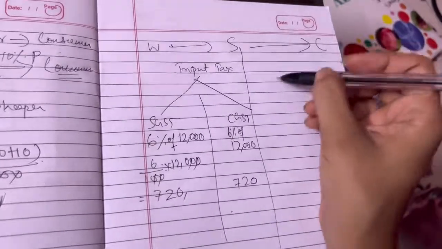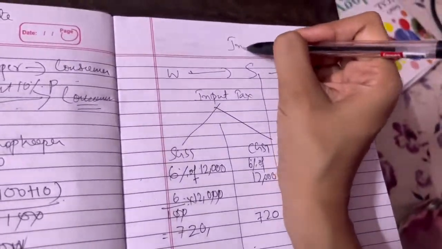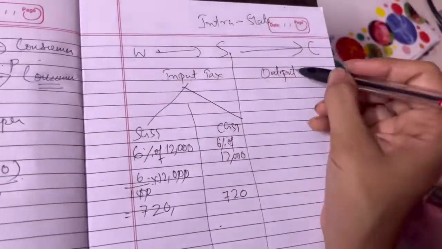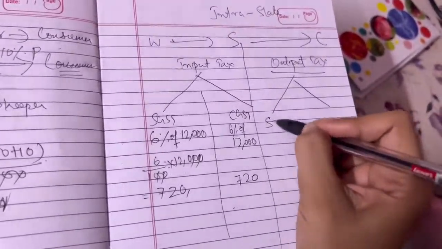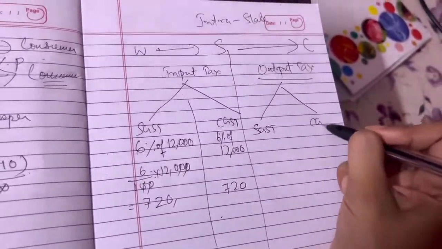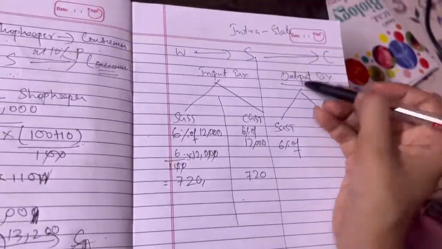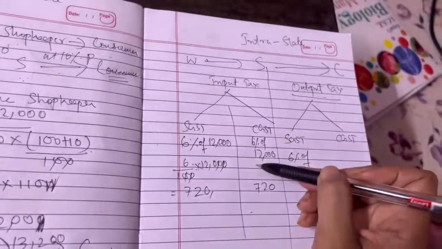Now again, output tax is again divided, since it is intrastate. Make sure it is intrastate. So output tax is again divided into two parts, SGST and CGST. Again 6% of, this time, what is the purchasing price of the consumer? It's not 12,000.